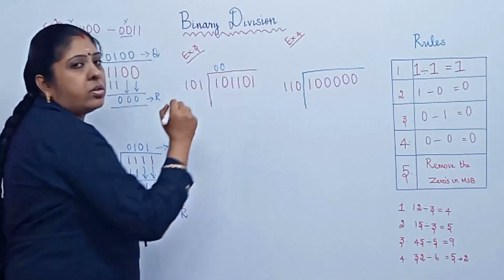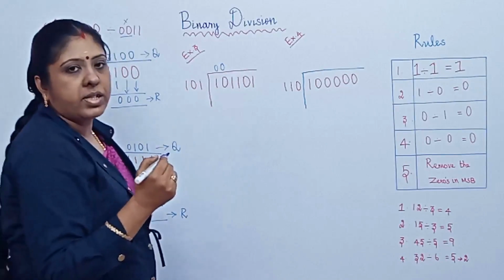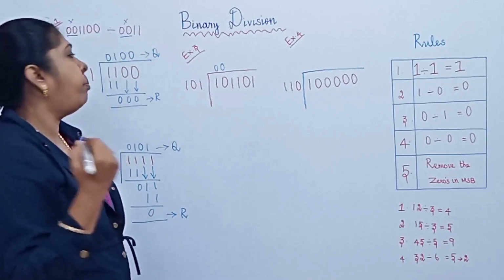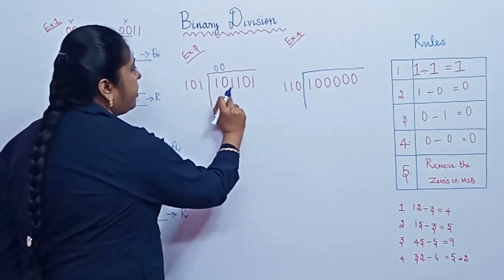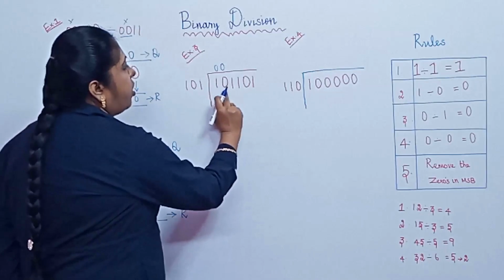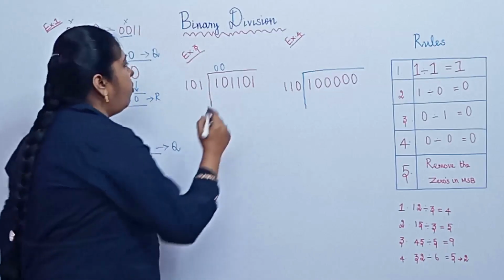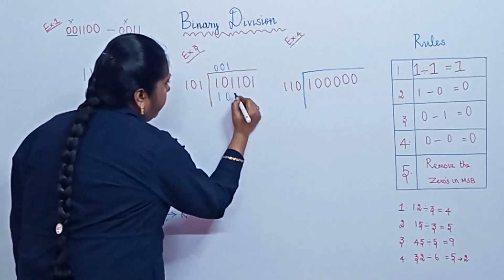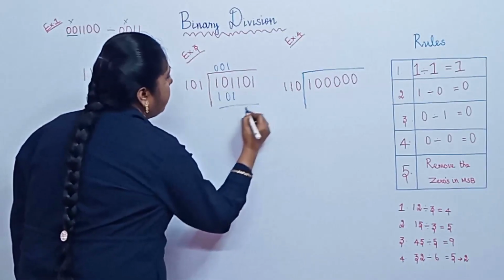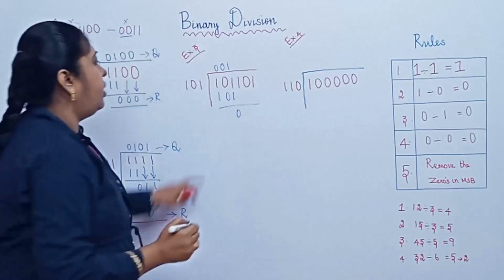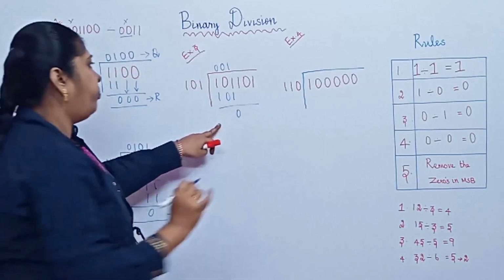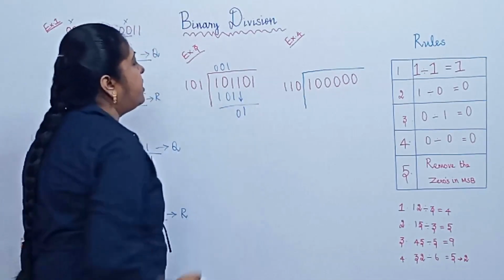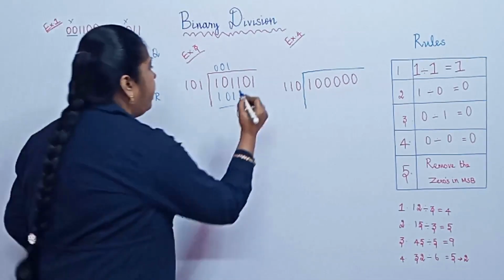Placing zeros and everything in binary division is similar to decimal division also. You can recall and compare. So 2 zeros. Next 101. 101 can be divided 1 time. So 1, 101, the remainder is 0. We bring down the next digit 1. It cannot be divided.